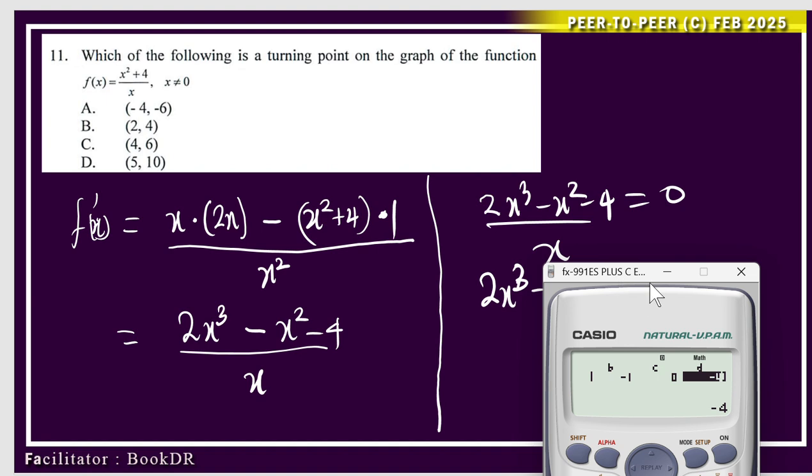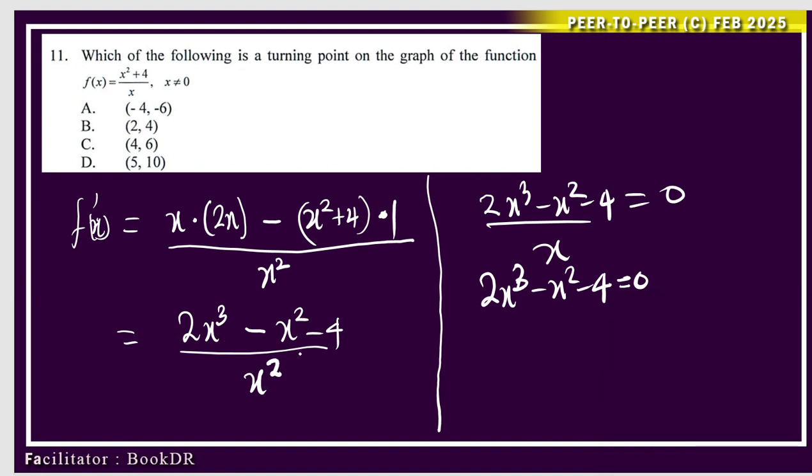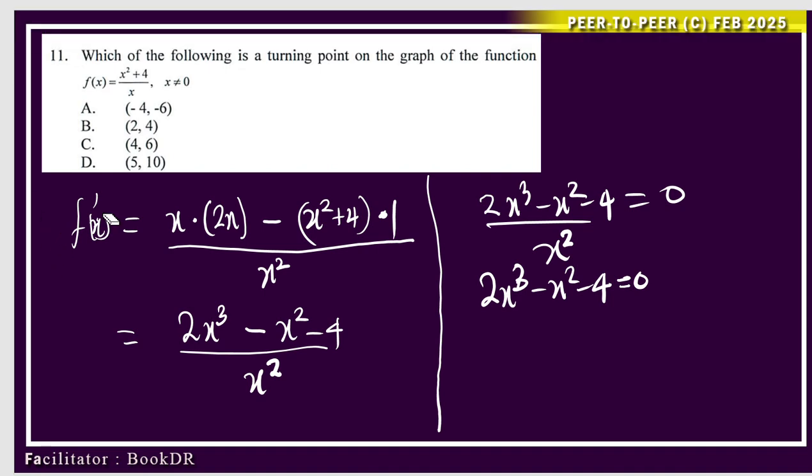At the turning point, over x squared. I left the x squared here, even though that will not affect our calculation. At the turning point, dy dx is equal to 0. Okay, let's differentiate it in another way and see whether we didn't handle the quotient rule well.